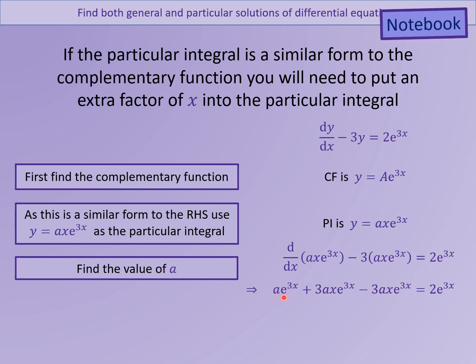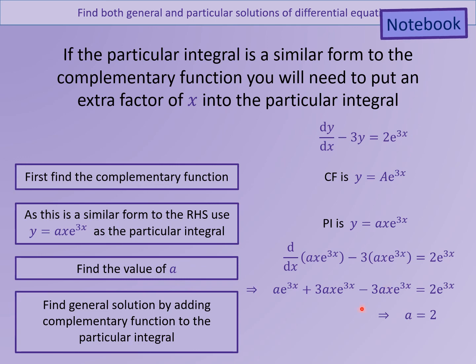I end up with ae to the 3x equals 2e to the 3x, and so therefore my a value must equal 2. So that gives me my particular integral with an a value of 2, which means you can then find your general solution by adding your complementary function to your very similar particular integral function. And you end up with your general solution.